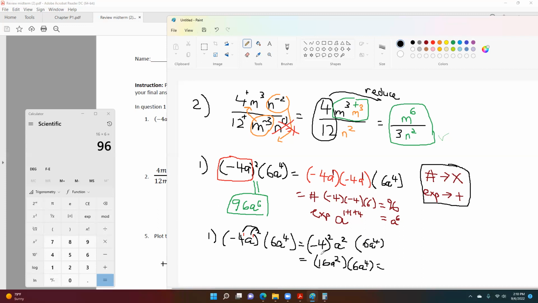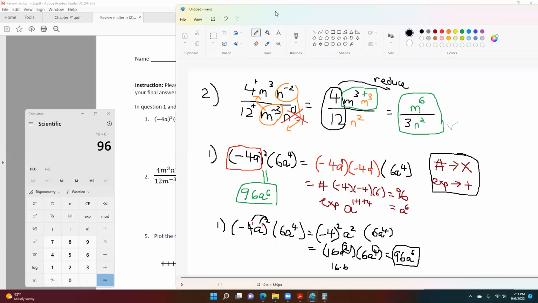So the numbers are 16 and 6. We multiply 16 times 6, that will give us 96. And exponents we add 2 and 4. When you add, this will become 6. So this is your answer. Again, you still get back the same answer. Again, class, as I mentioned, lots of ways to do these questions, right? But there is only one answer in this case.